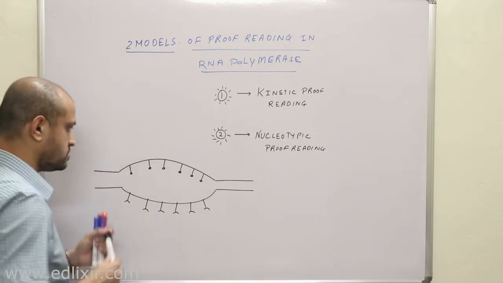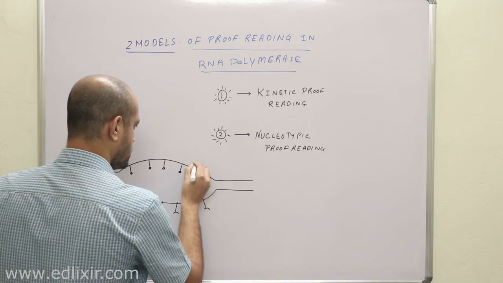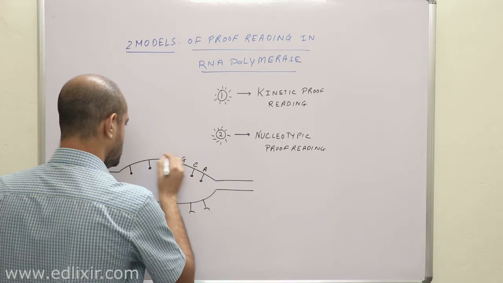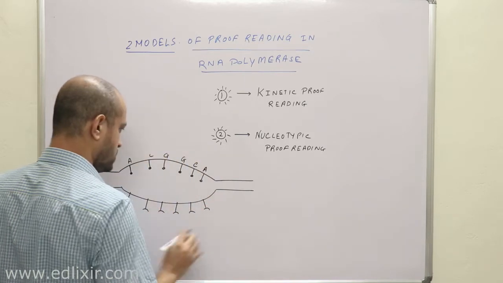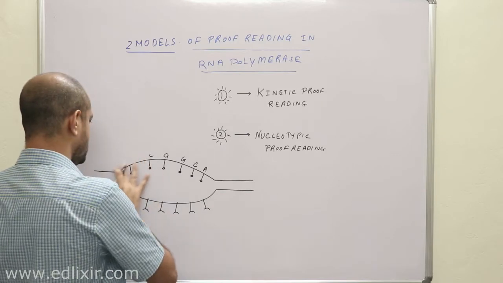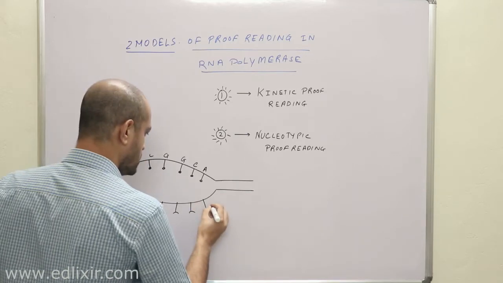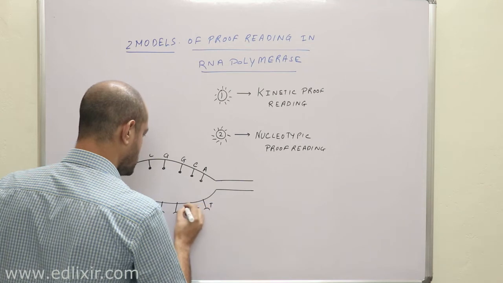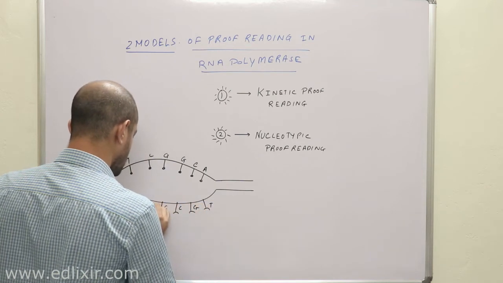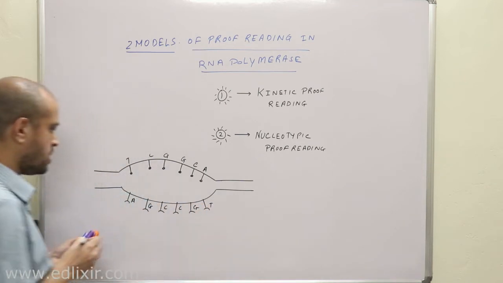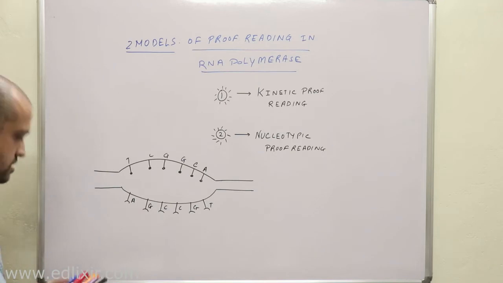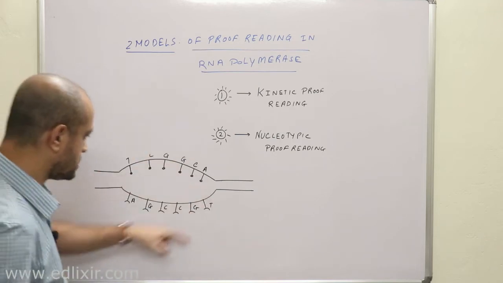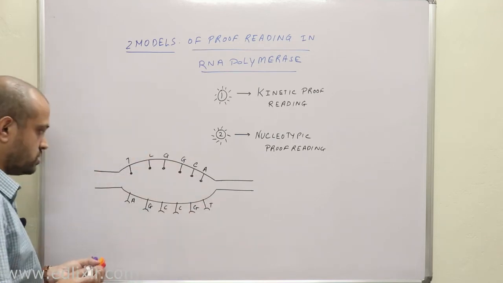Suppose this is A, C, G, G, C, A. Suppose, okay, let it be T. So here it is T, G, C, C, G, A, right? Now the important point you need to understand here is that suppose we have got this sequence here. Now what is nucleotypic proofreading?